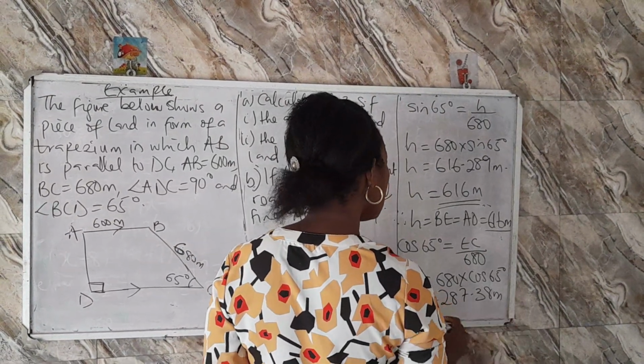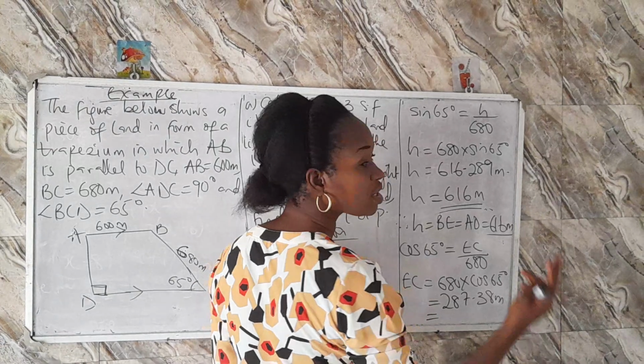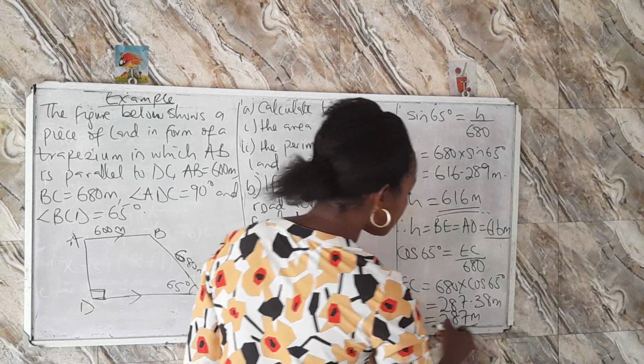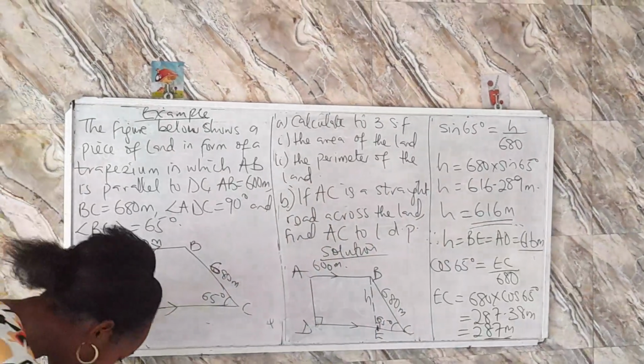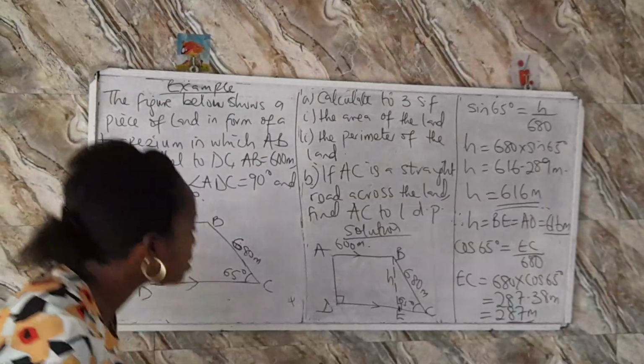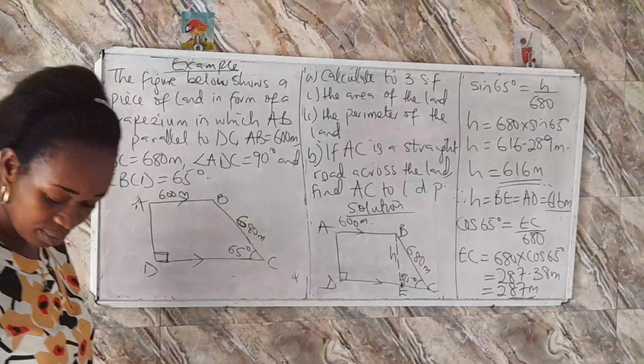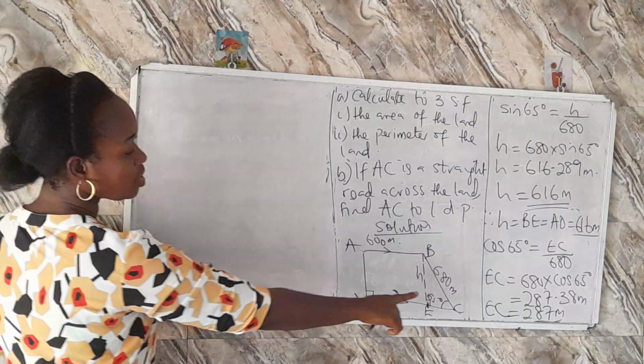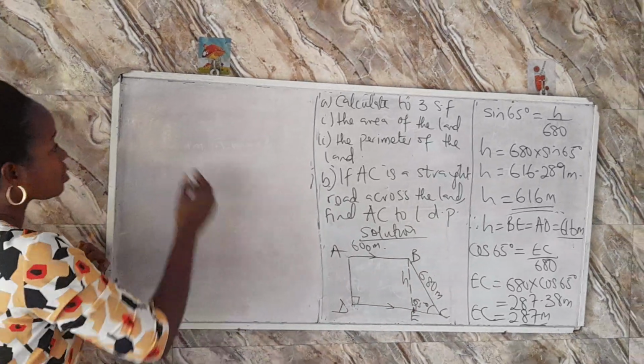287.38 meters. When we approximate it to 3 significant figures, it gives us 287 meters. So that is the length EC. Now we have gotten EC to be 287 meters.